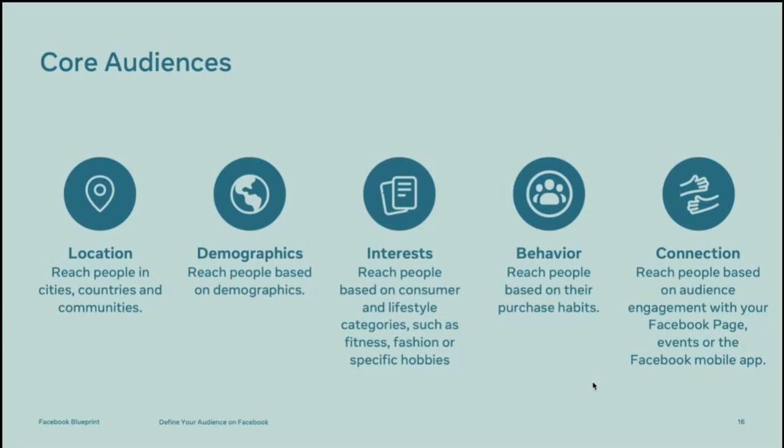You can separate audiences into separate ad sets when you bid differently to reach each one. There is a variety of ways you can target your ads with more precision based on locations, demographics, interests, behavior, and connections.